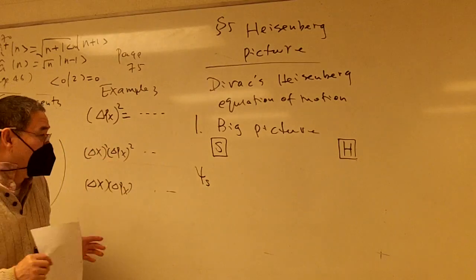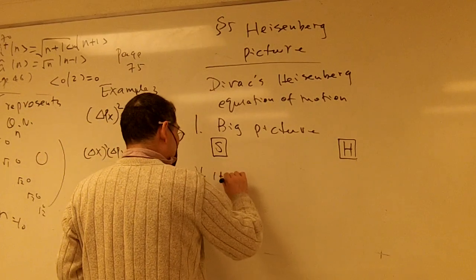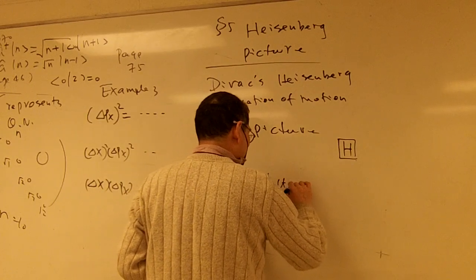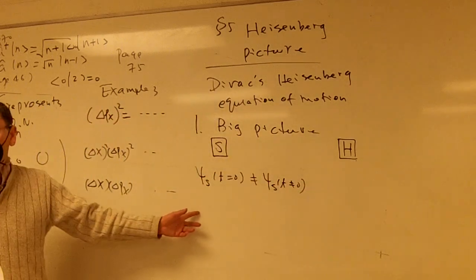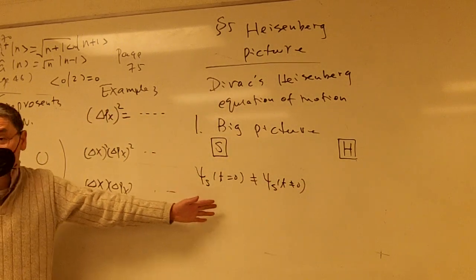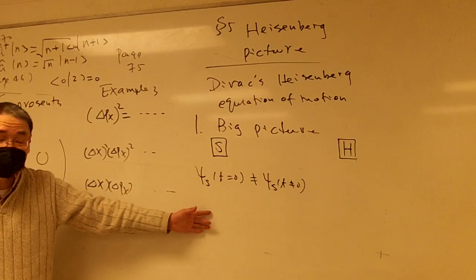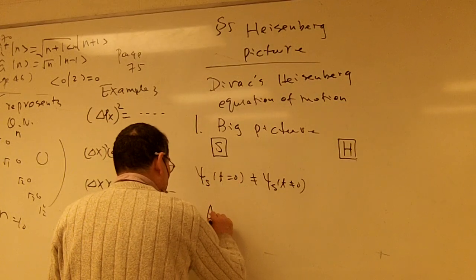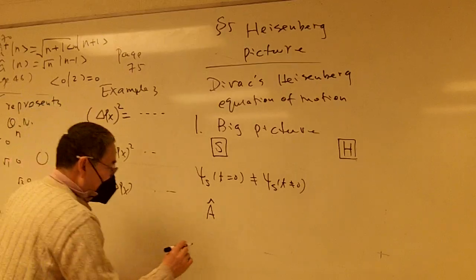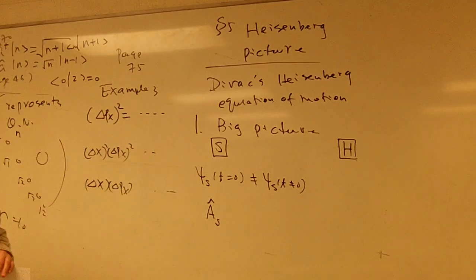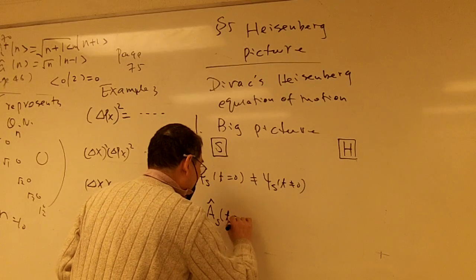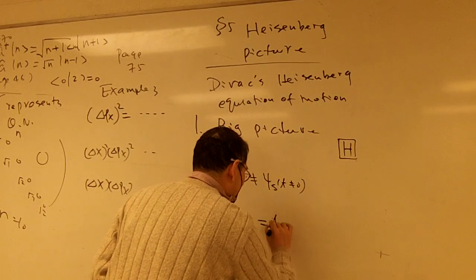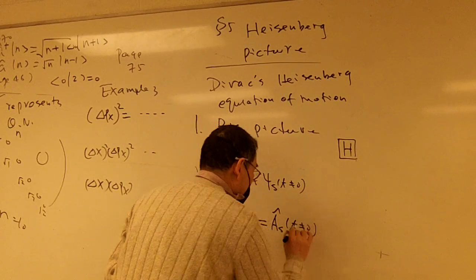At t equal 0, it's different from its wave function at t not equal 0. So in the Schrodinger picture, the wave function is time dependent. The operator, which I'm going to represent with the letter A, also uses a subscript S in the Schrodinger picture. The operator at t equals 0 is equal to the operator at t not equal 0.